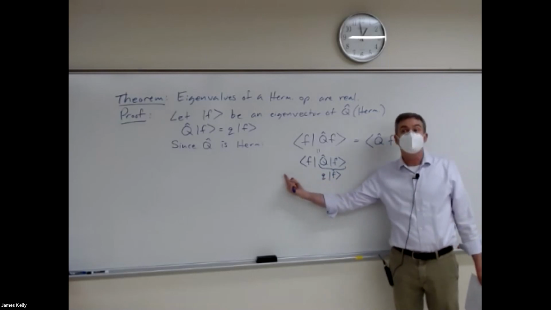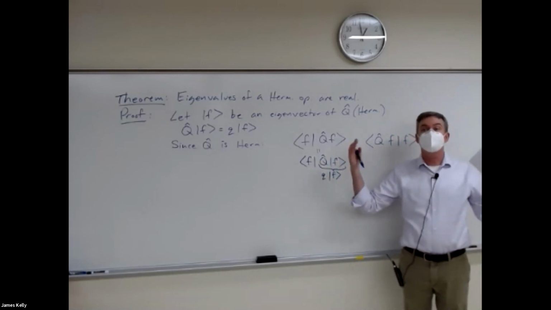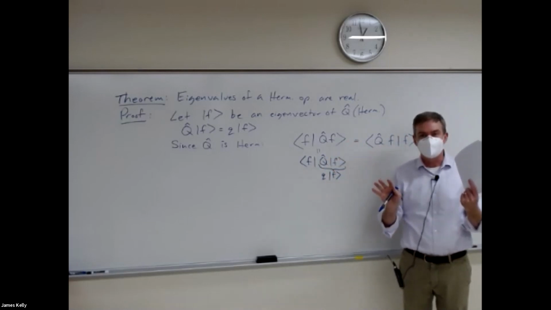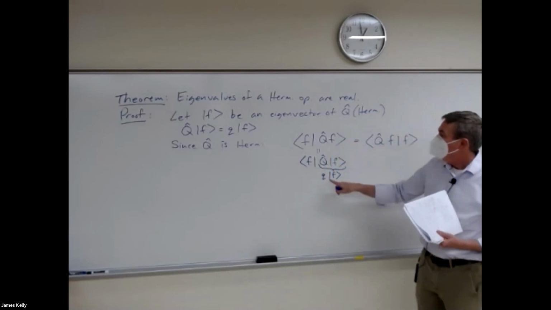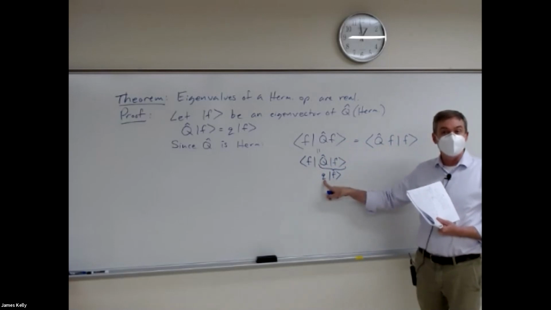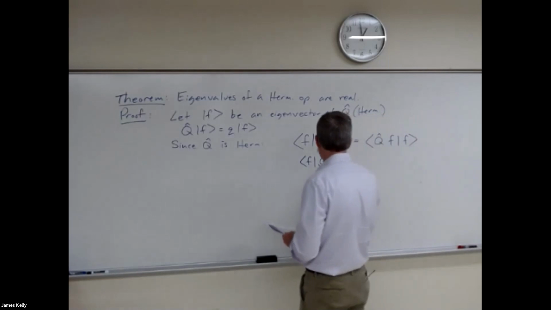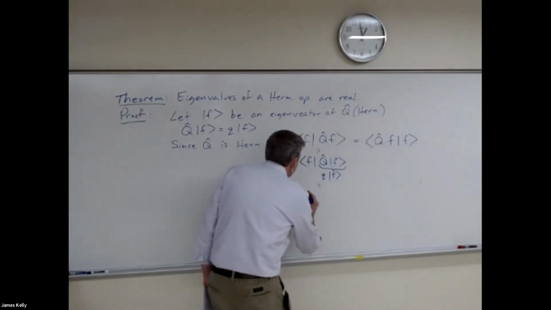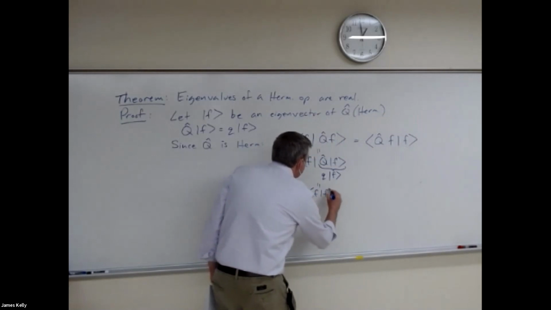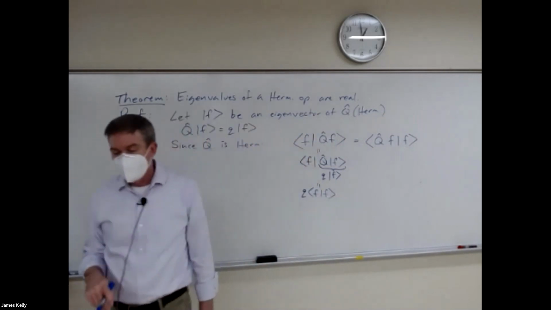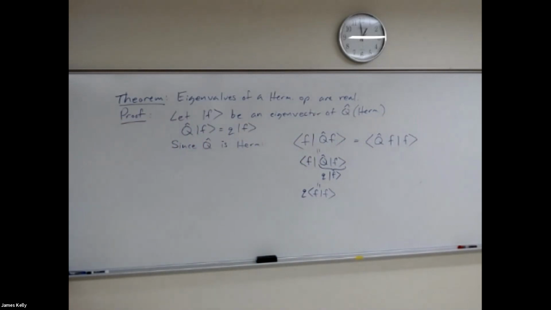You can think of the inner product as an integral of a product of functions, one of them starred. If you've got a number like 3 inside that integral, you can factor it outside. So I'm going to rewrite this as q times the inner product of f with itself. Maybe f is normalized, maybe it's not; we don't care right now. That's the left-hand side.